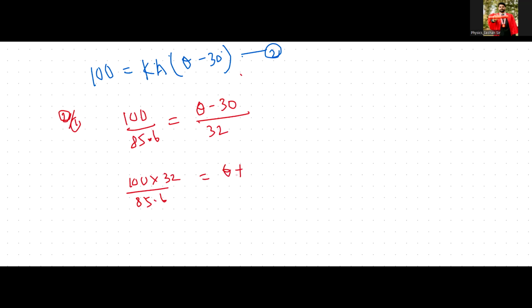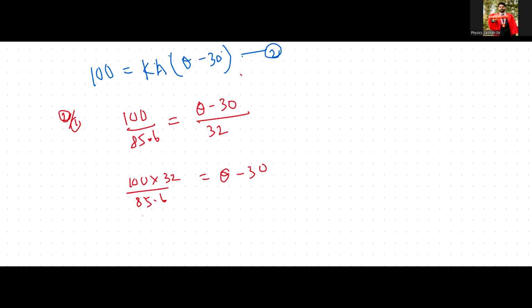Now I can simplify these values. 100 times 32 is 3200, and that whole thing should be divided by 85.6. So the answer for this simplification is 37.